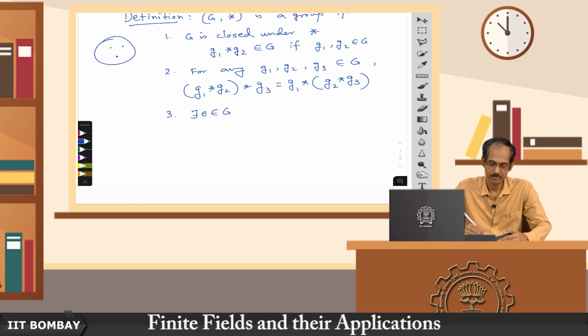Currently, we will write E in G such that E star G is the same as G star E, which is the same as G, for all G in G. For addition, this is like the number 0, which if you add to any number does not change that number.